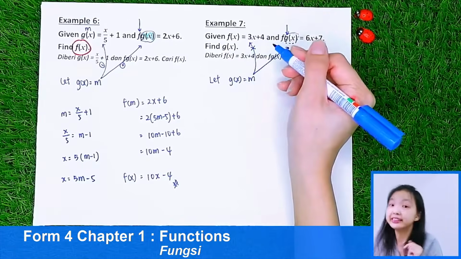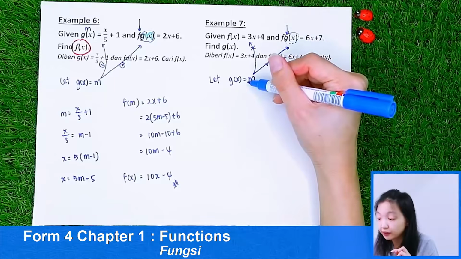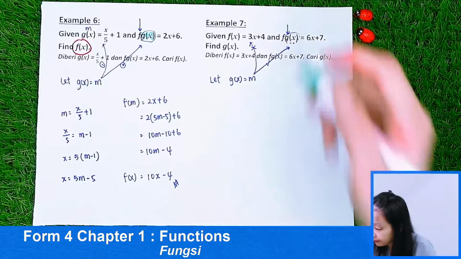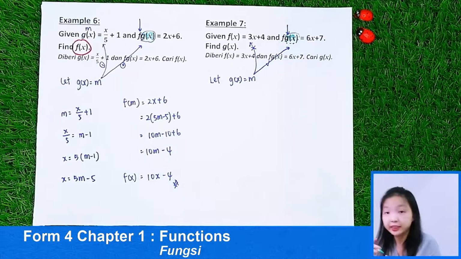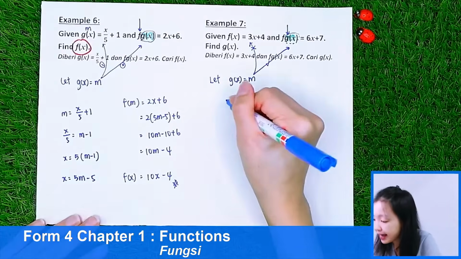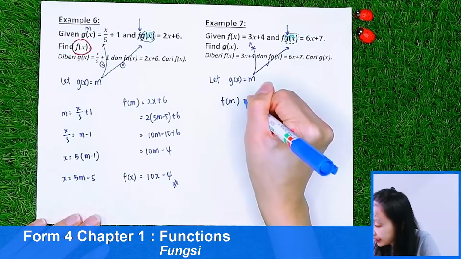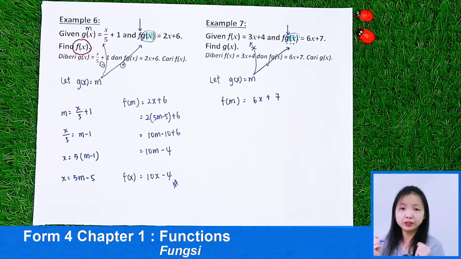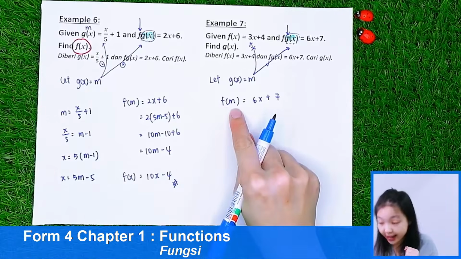Cannot. We can only substitute the g(x) equals to m to here. So g(x) is equals to m. We will substitute into here. So it will become m is equals to 6x plus 7. Then how can we continue? You see, f(m).